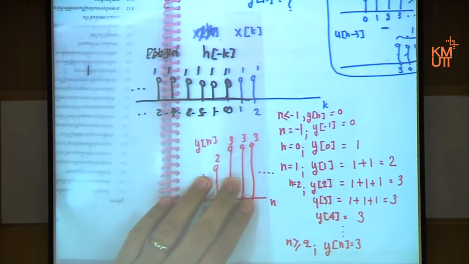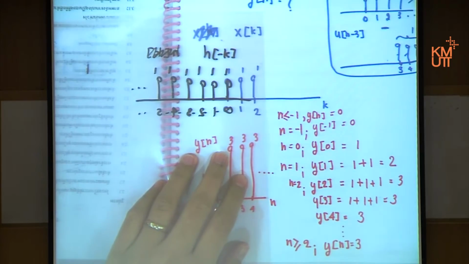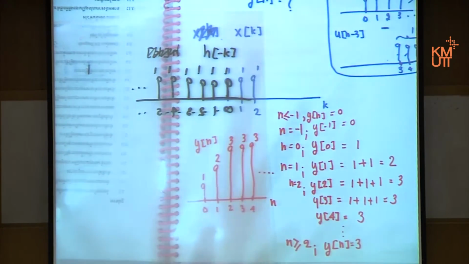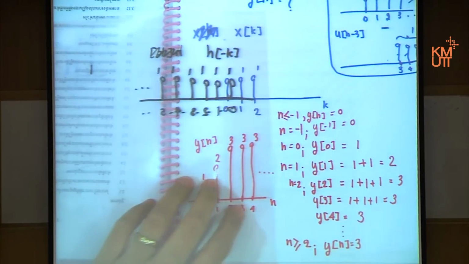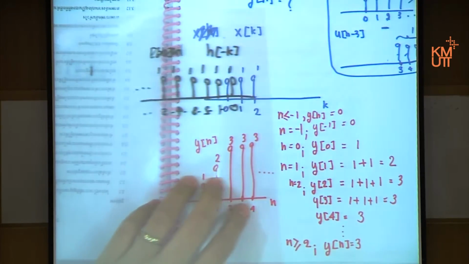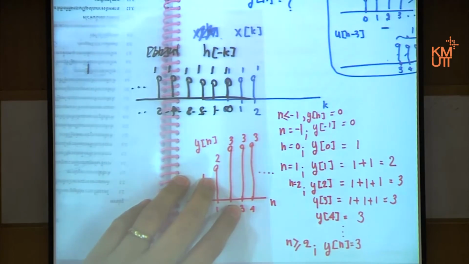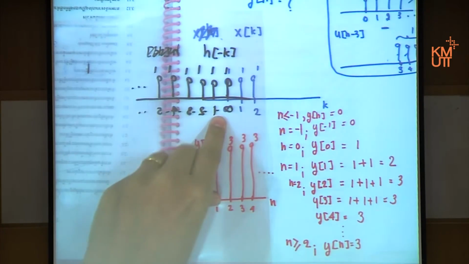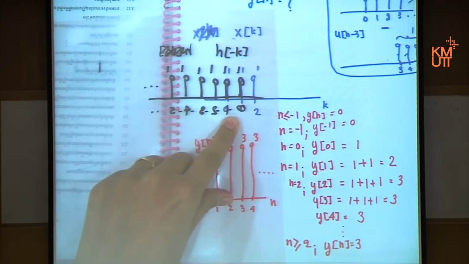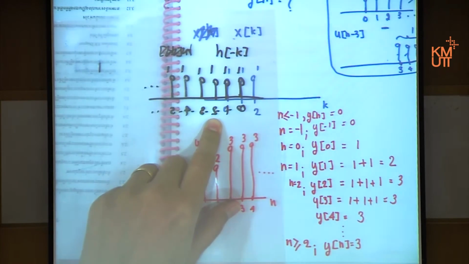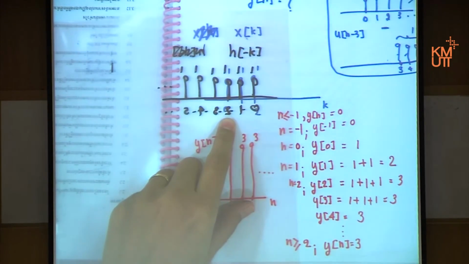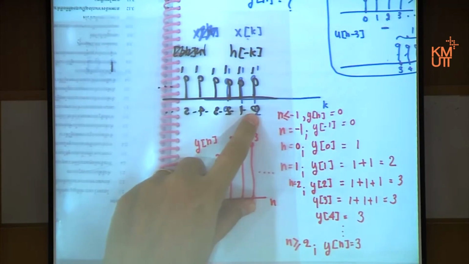In the opposite direction, if you move the black one to the right, n here is a positive number. When n equal to 0 you get this picture, only one overlapping. When n equal to 1 you have this picture, there are 2 overlappings, right? 1 plus 1, so it is 2. When n equal to 2 you get 3 overlappings, 1, 1, 1.